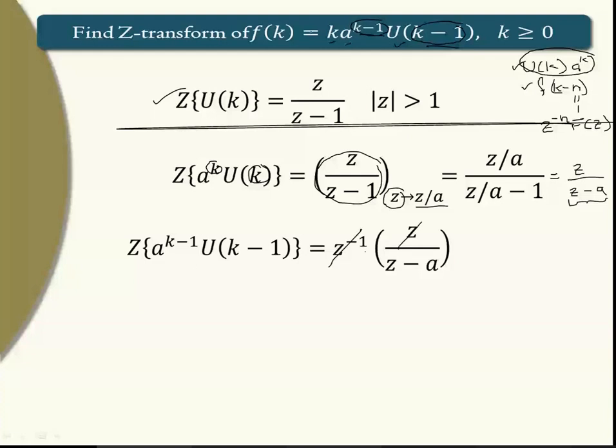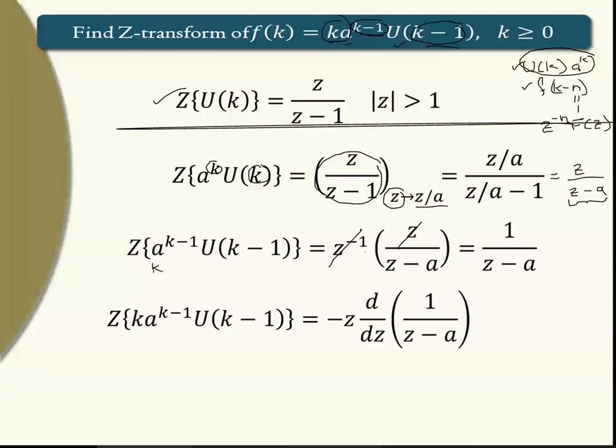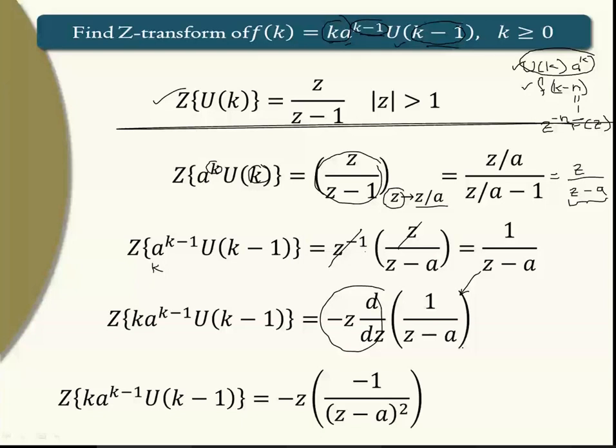And now use this last term, k, multiply all this term by k, and use multiplication by k property. Multiplication by k means we have to multiply by minus z d/dz of all this term. Minus z, you keep it as it is. Derivative of 1 upon any function is minus 1 upon square of that function. This minus, it becomes plus. The answer is z upon (z minus a) square.